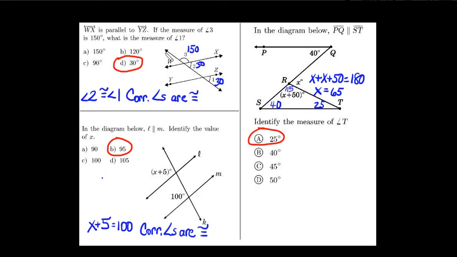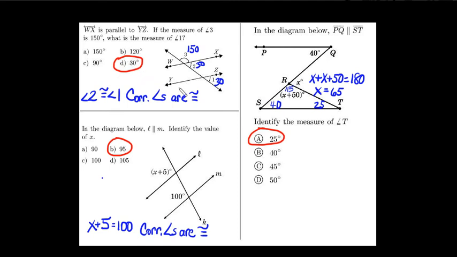If the measure of angle 3, right here, is 150, what's the measure of angle 1? Well, how did I figure out that it was 30? I knew that this right here had to make 180 degrees because that's a straight line. So I can figure out that angle 2 is 30 degrees. Well, angle 2 is congruent to angle 1 because corresponding angles are congruent. And thus, I was able to figure out that angle 1 is 30 degrees.